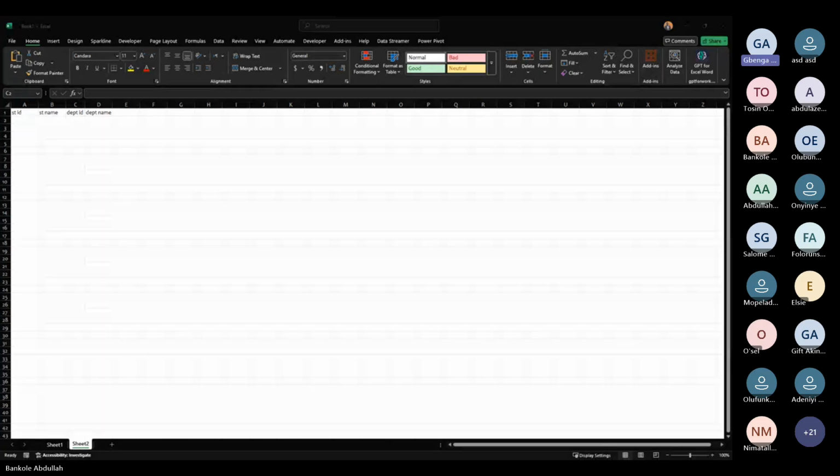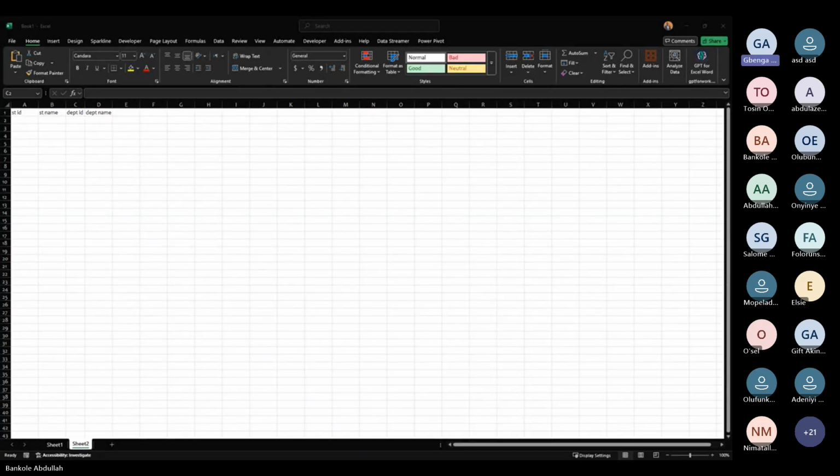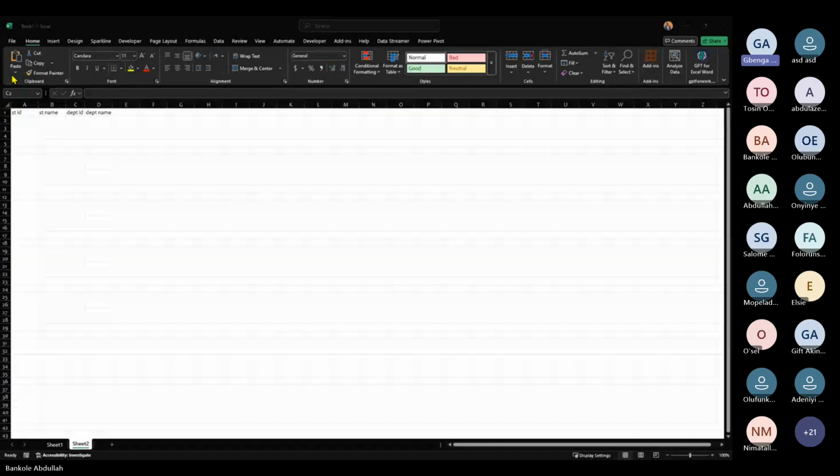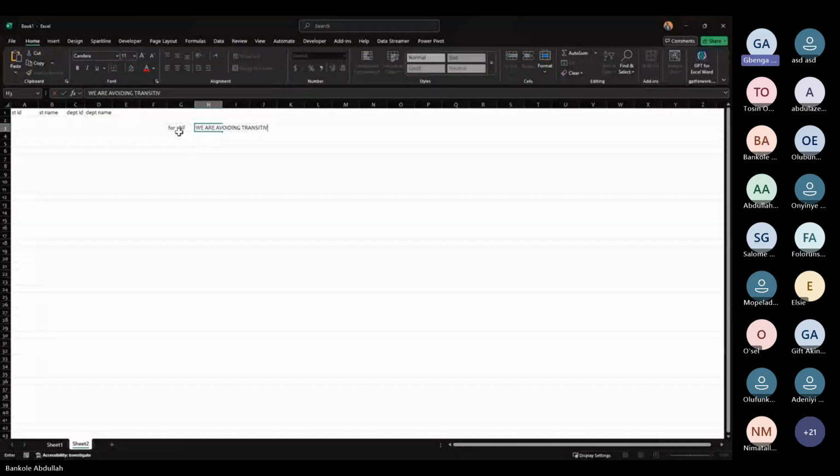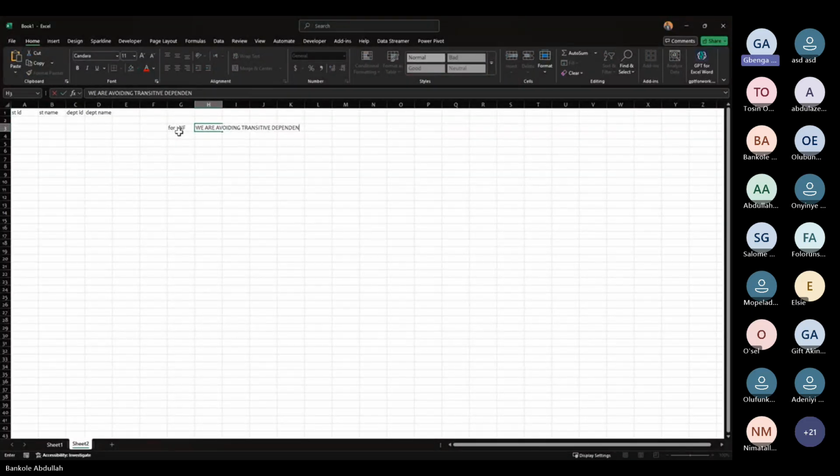In 2NF, we are avoiding partial dependency. Here, we are avoiding transitive dependency. It means that from a single table, you must be able to bring out standalone tables that can stand alone, even if they are not related. That is transitive dependency.